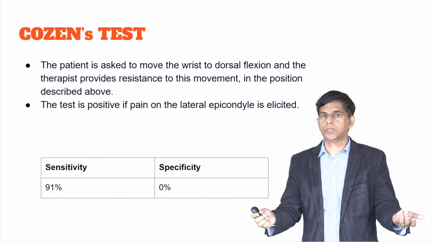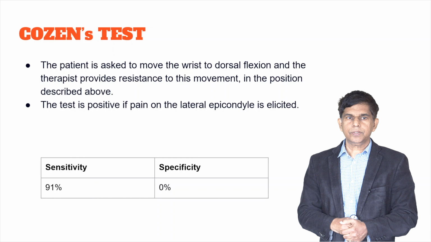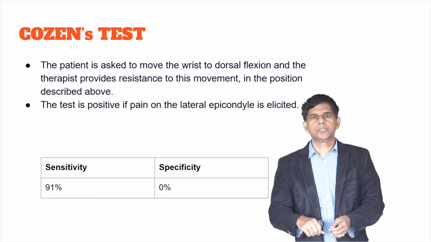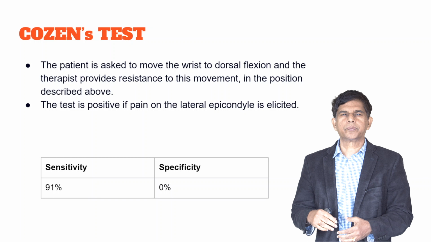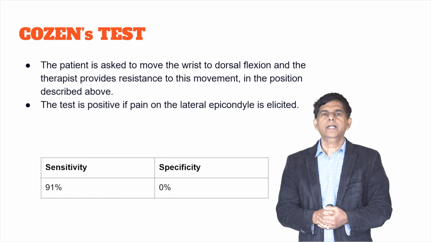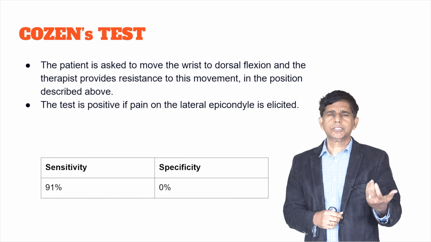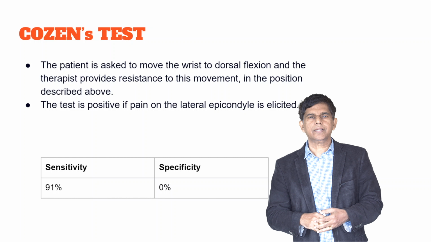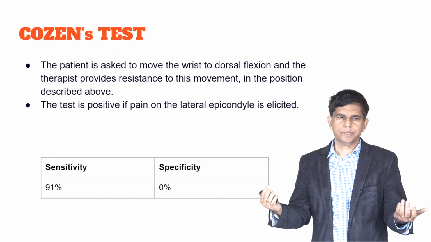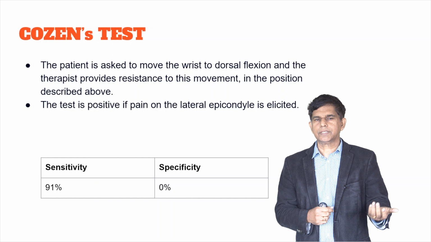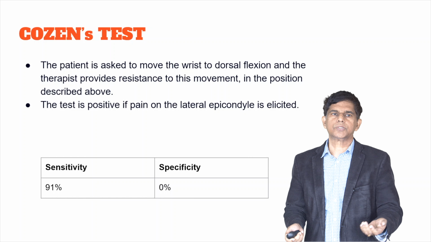Now there's another test called Cozen's test. You ask the patient to move the wrist into dorsiflexion, and the therapist provides resistance to the movement in the position we described above. If the test is positive, you can elicit pain in the lateral epicondyle. Sensitivity is again very high, but the specificity is very low.